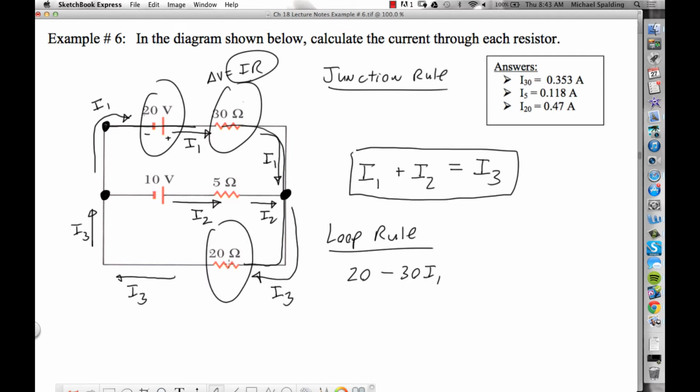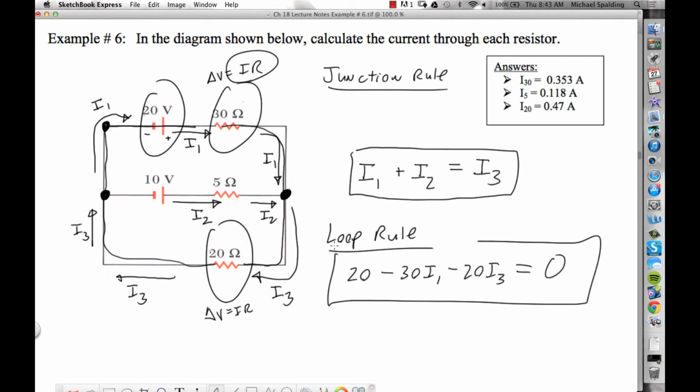Voltage gain or voltage loss? Loss. Delta V equals IR, so that's going to be 20 times I3, so that's minus 20 I3. Okay, let's keep looping. We're back to the starting point. So what must this be equal to? If voltage gain equals voltage loss, what's this going to equal? 0. We just wrote an equation.